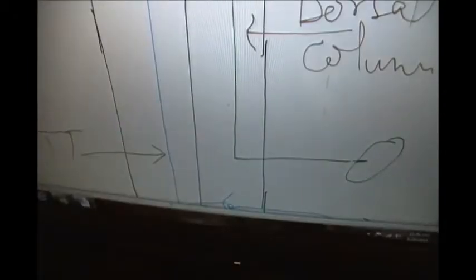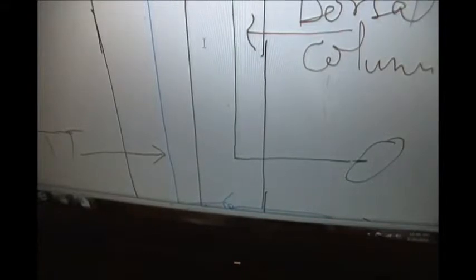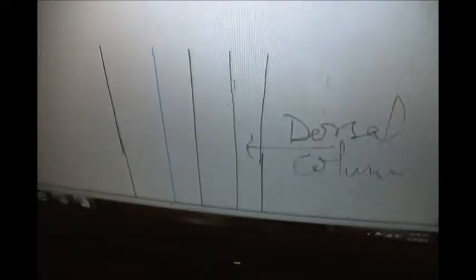Unlike the spinothalamic tract, the dorsal column fibers do not cross over when they enter the spinal cord, but instead travel up in the white matter of the spinal cord until they reach the medulla.